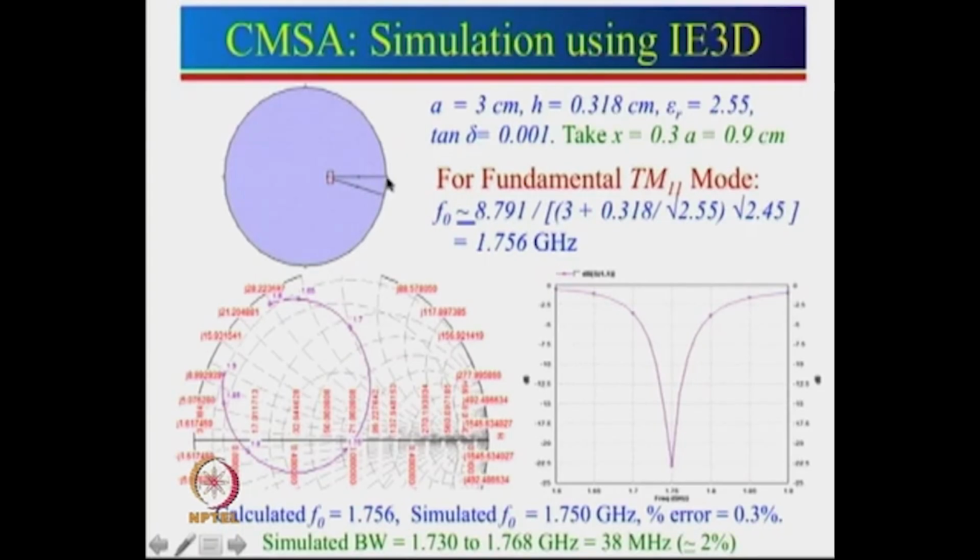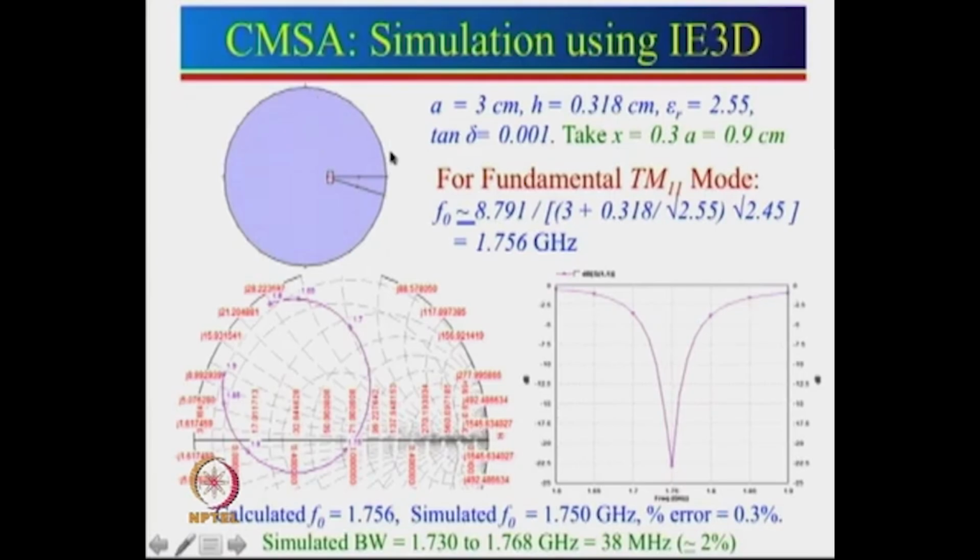We have a double plus field here and a plus field here, plus field here. One can use a little bit of approximation, assuming that this field is roughly uniform and this field is roughly uniform, and from plus here it goes to 0, it goes to minus. So that is the variation along the length in the case of a rectangular patch.